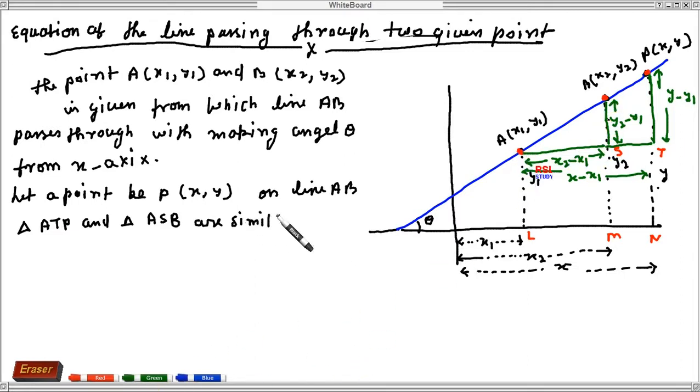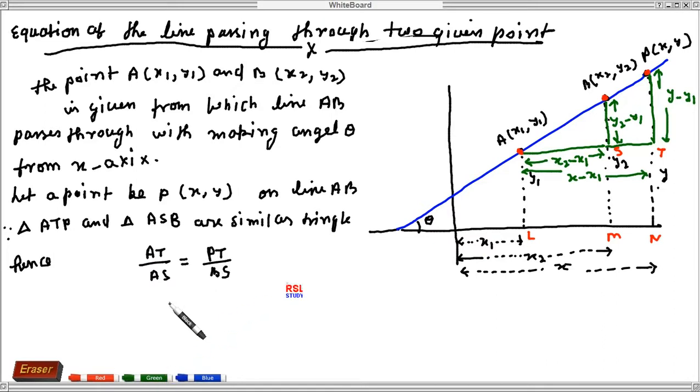So this triangle and this triangle are similar triangles, so we will use the property of similar triangles here. So according to the property of similar triangles, AT by AS and PT by BS.